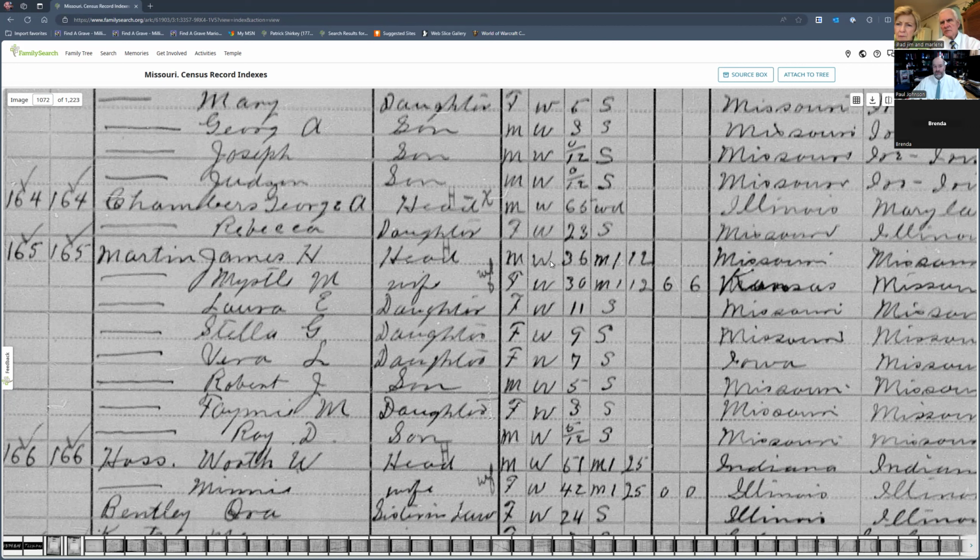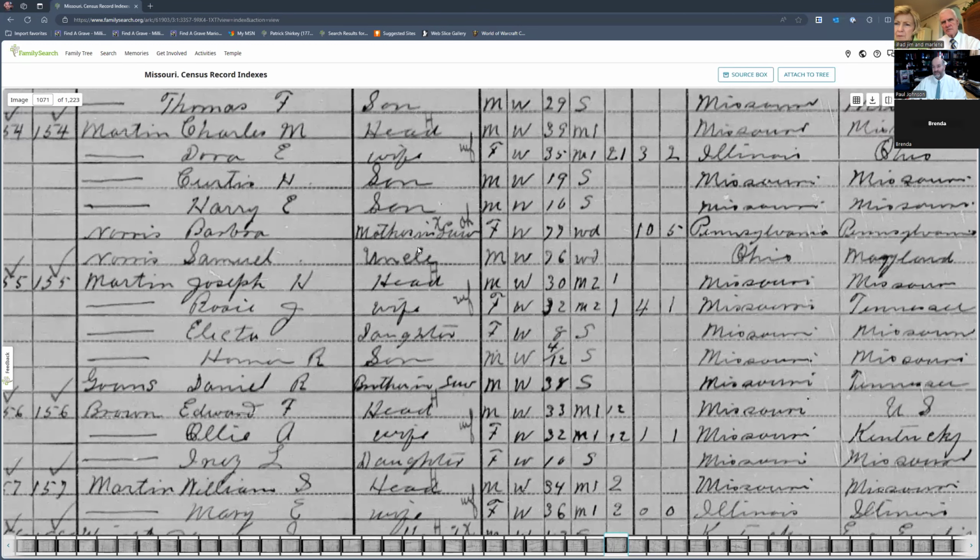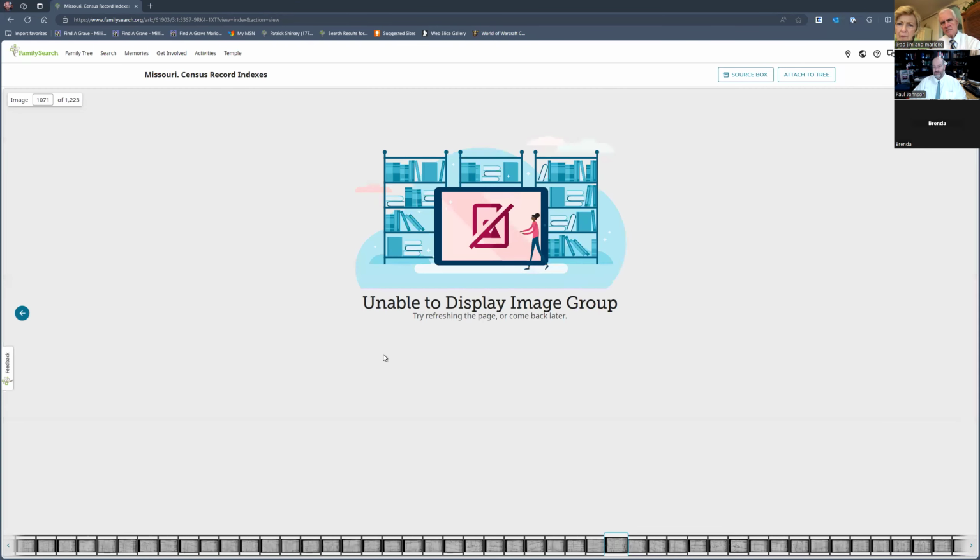All right, so this is Family Search. If you look at the bottom of the screen, you can see all the census pages laid out. There's 1,223 for Missouri. And you can just use these arrows here to go back to the page right before when you're searching for close families. So here's a William Martin. That's not great. Let's try that again.